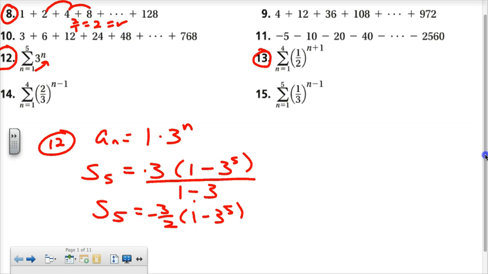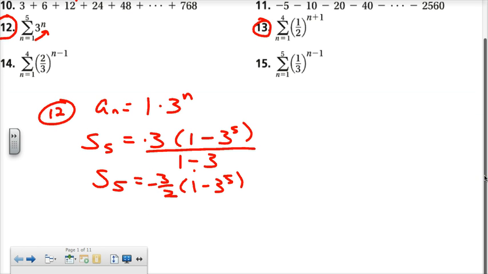And again, good time to just grab the calculator and punch this in. And I always follow the order of operations. So we can do the 1 minus 3 to the 5th, and then multiply that times the negative 3 halves. And it is 363. So that's the sum of those first 5.